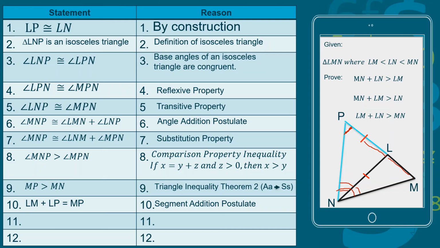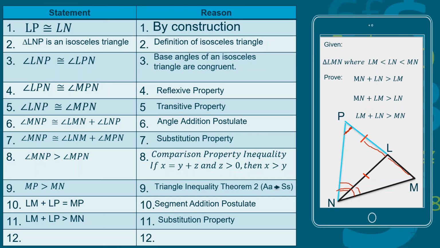Okay, now using statement number 10 and number 9, we are going to write the statement. So what can you say about statements 9 and 10? Okay, so we can say that LM plus LP is greater than MN, and the reason is by substitution property. From statement number 9 that MP is greater than MN, we substitute LM plus LP instead of MP.